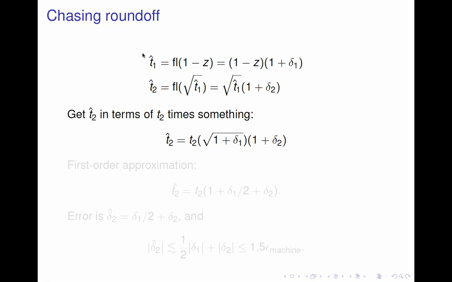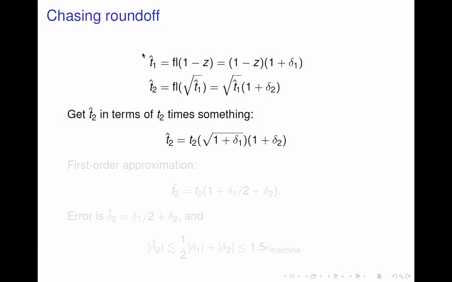So we're going to write t2 hat, our floating point number, as t2, which is the square root of 1 minus z, times the square root of (1 plus delta 1). That's how the first rounding error has propagated through in this calculation, times (1 plus delta 2). Okay, so that's just algebra on our formulas for t1 hat and t2 hat.